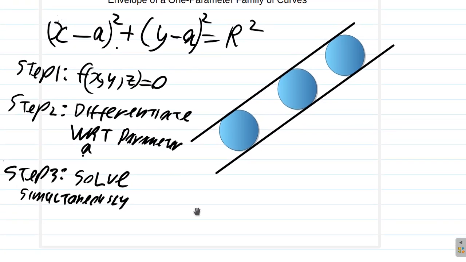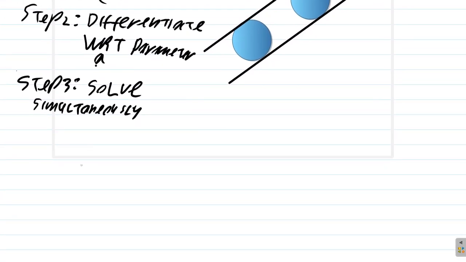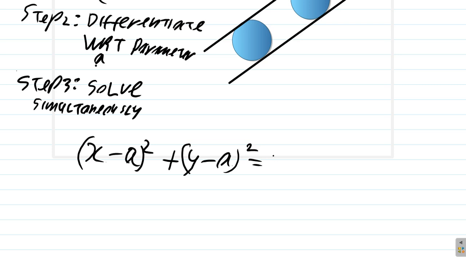x minus a squared plus y minus a squared equals r squared. Now remember, r squared now is a constant, just that I want it in the general form of the circle.